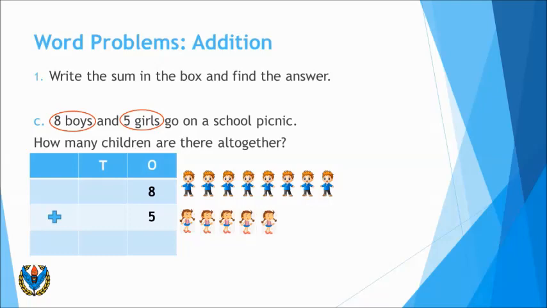Now let's add them together. 1, 2, 3, 4, 5, 6, 7, 8, 9, 10, 11, 12, 13. Yes, they are 13 in total. So we will write 13 children. Again be careful, 1 goes in the tens column and 3 goes in the ones column.